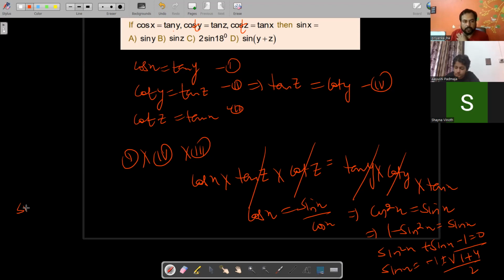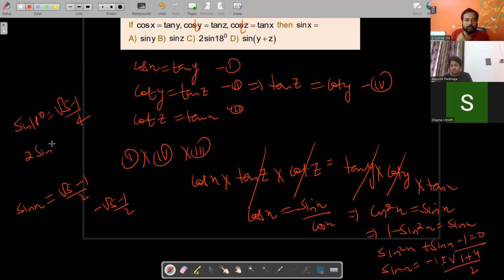So the value of sin x involves root 5. If you take the plus sign, then it would be root 5 minus 1 by 2, and if you take the minus sign, it would be minus root 5 minus 1 by 2. So we know that sine 18 degrees is root 5 minus 1 by 4. So take 2 this side. So 2 sine 18 degree is root 5 minus 1 by 2. So this value is equal to 2 sine 18 degree. Understood?